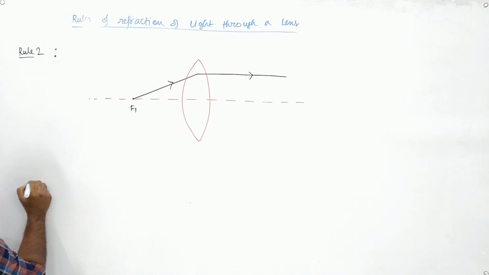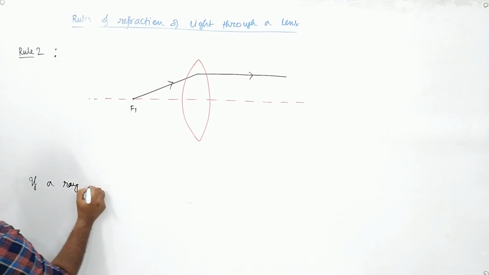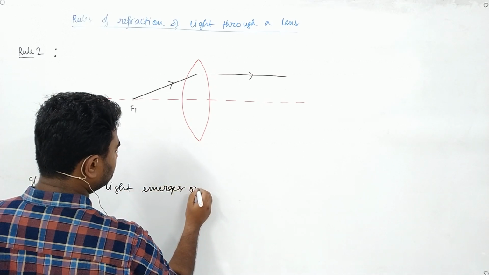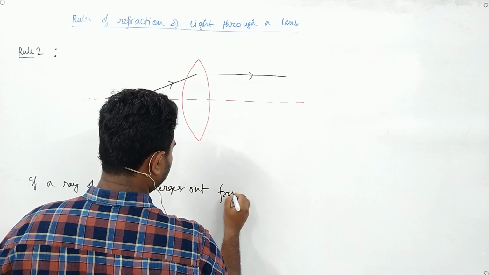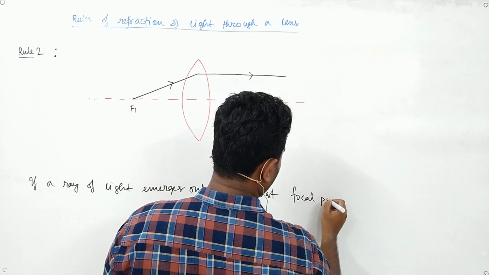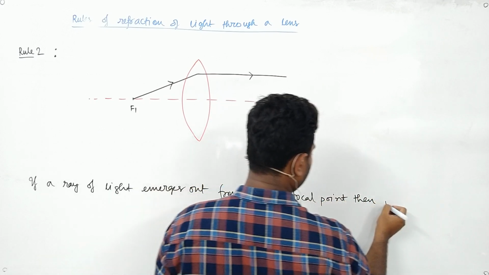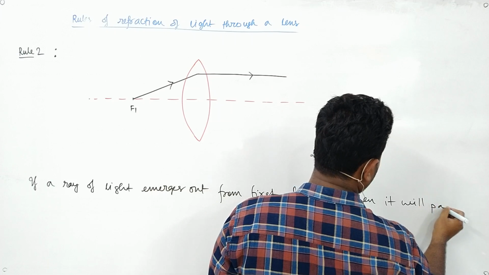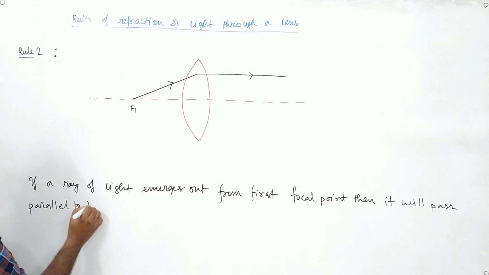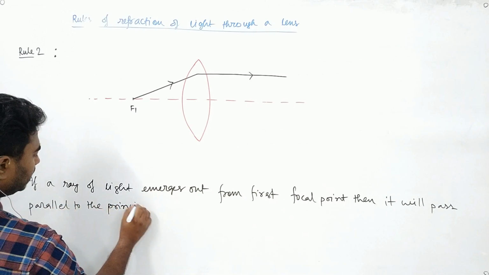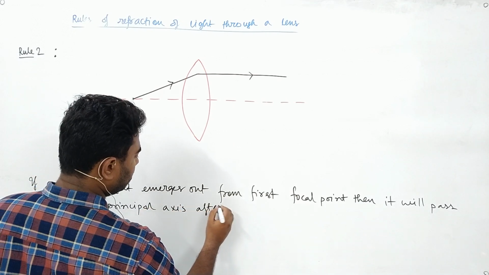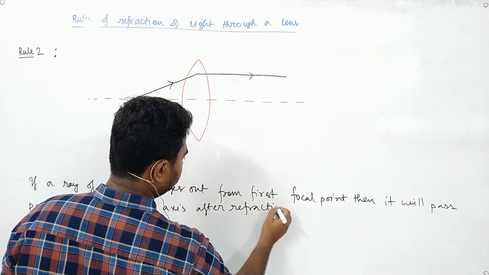So rule 2 states that if a ray of light emerges out from the first focal point, then it will pass parallel to the principal axis after refraction.